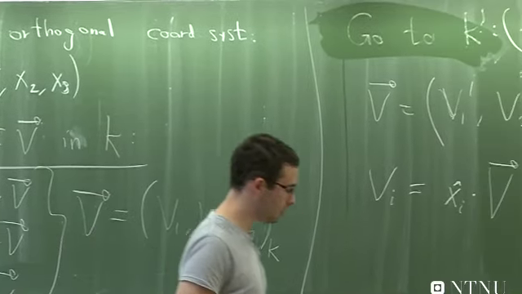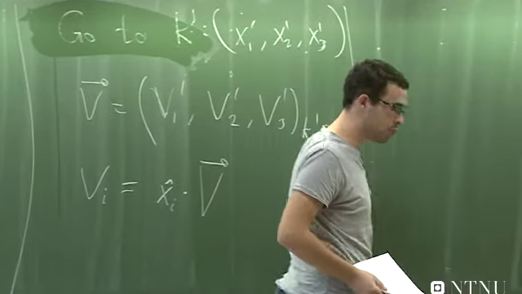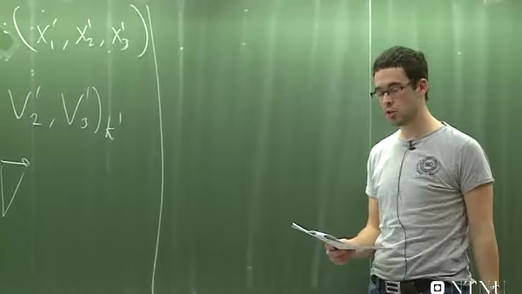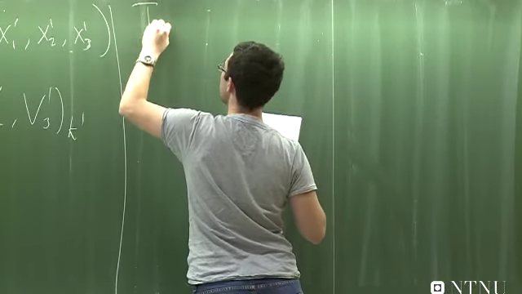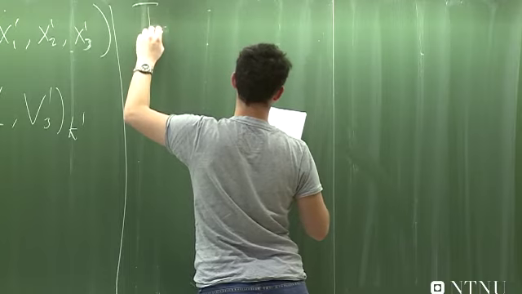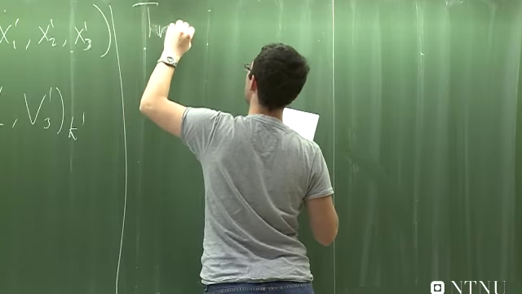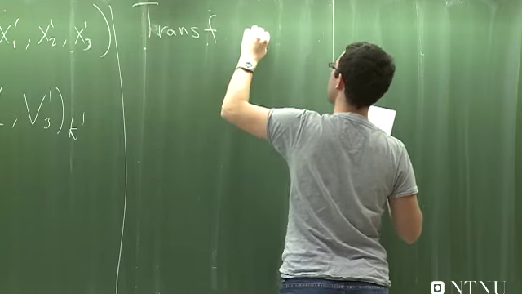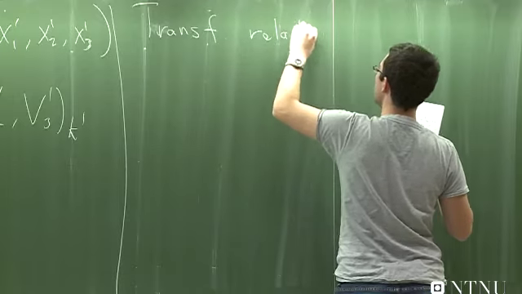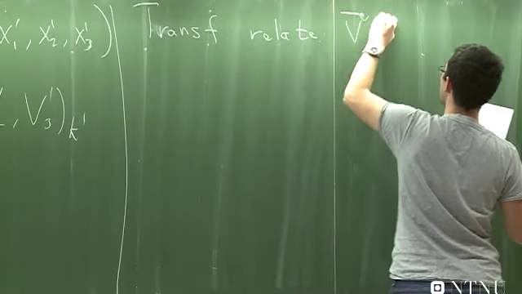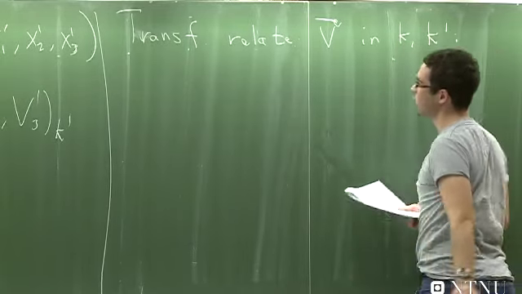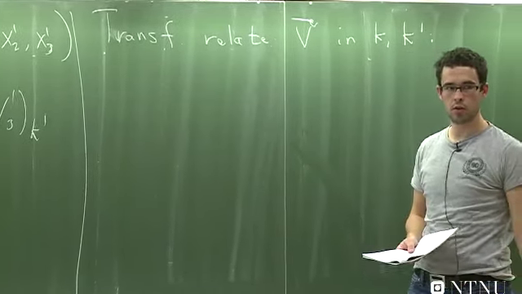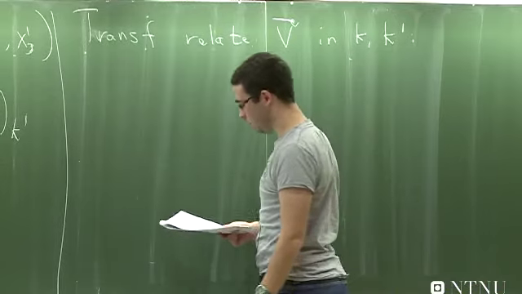Now I can relate the coordinate system K and K prime through a so-called coordinate transformation. And this coordinate transformation, in very general terms, looks like the following.